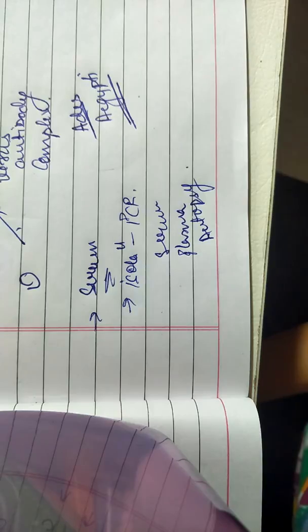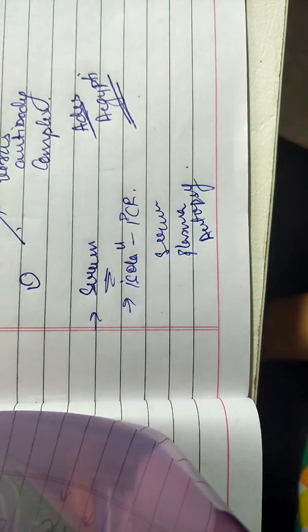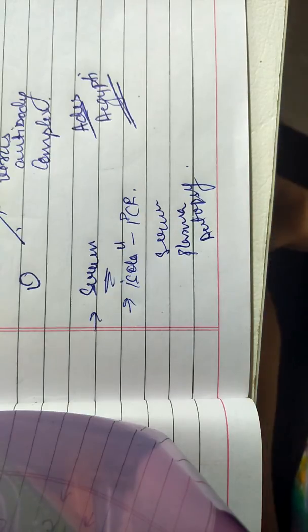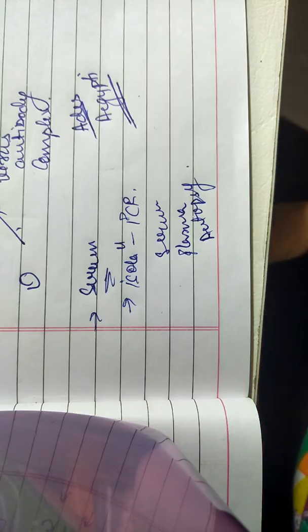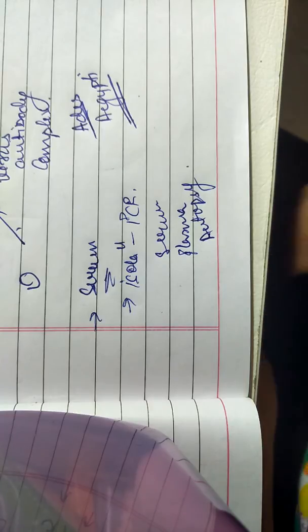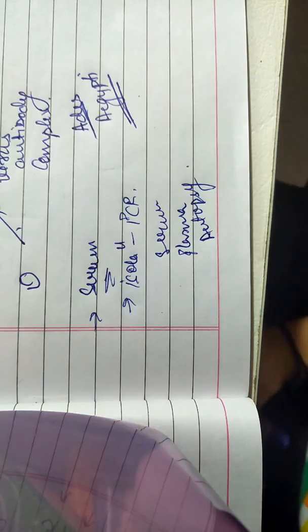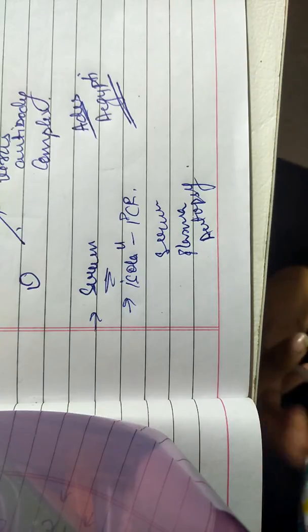You can check for thrombocytopenia. Thrombocytopenia is decrease in platelets. So if you have a decrease in platelets which is less than 1 lakh cells per cubic millimeter, sorry, not millimicrocubes, then it is known as thrombocytopenia.